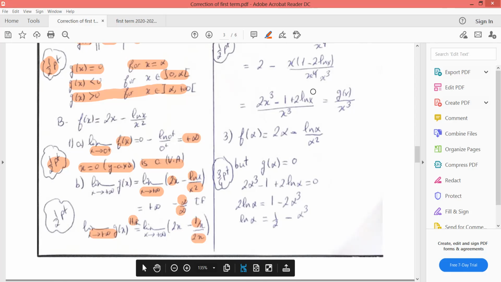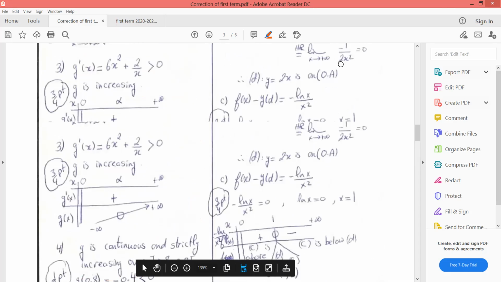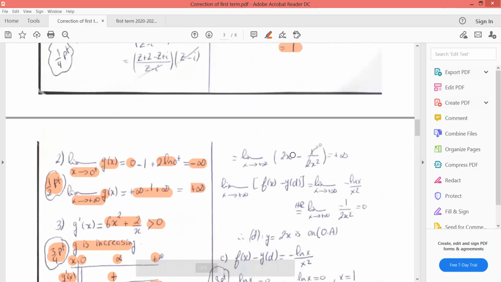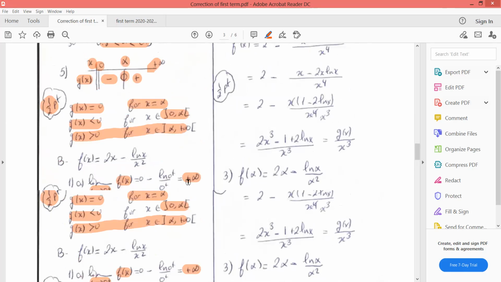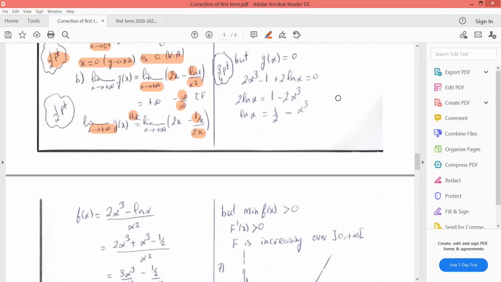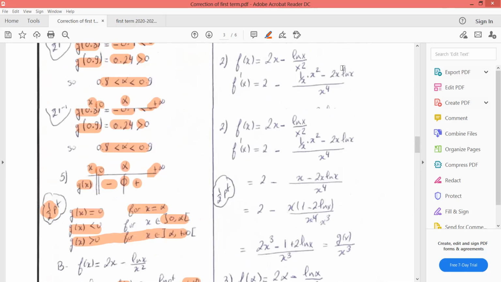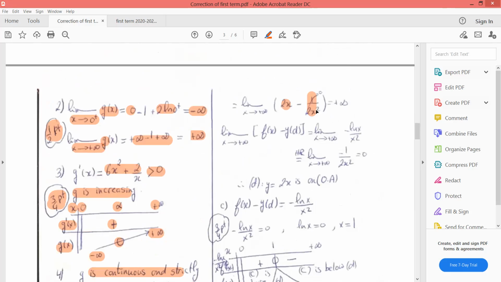Then it becomes the limit as x tends to plus infinity of 2 minus 1 over 2x squared. This 1 over x over 2x becomes 1 over 2x squared. 1 over infinity is 0, so we get plus infinity.